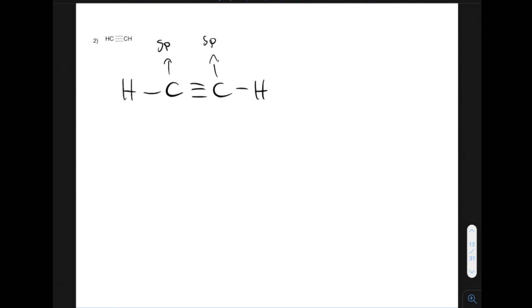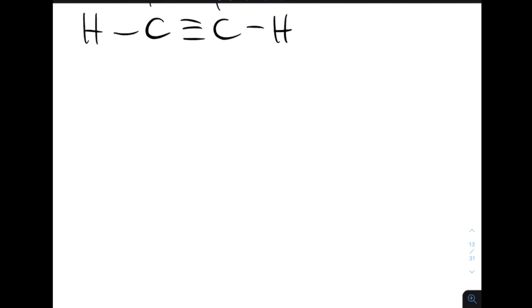And so that means, because we know that there are 2 hybrid orbitals for sp, there are 2 unhybridized p orbitals that are available for pi bonding. So let's take a look. I'm drawing only the sigma bonds here.